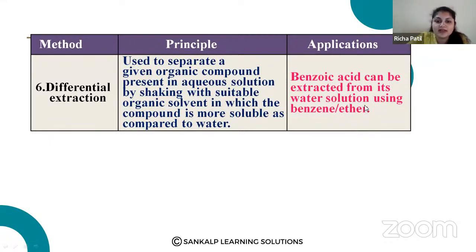If you mix the ether with your organic compound and shake it with the aqueous solution, your compound will get dissolved in it. After extracting your organic compound, the ether will get away, so you will be left with your organic compound. So this is the differential extraction method.